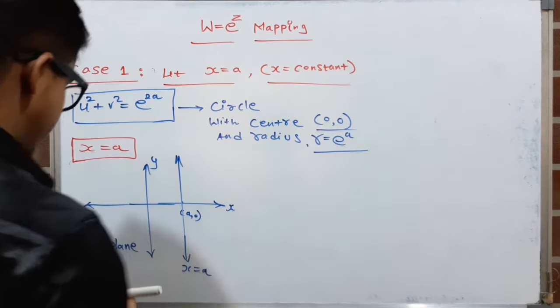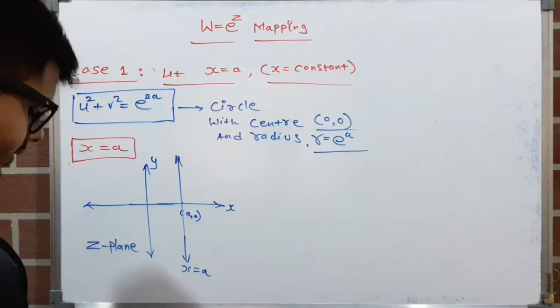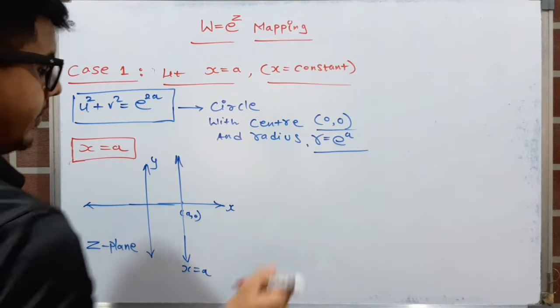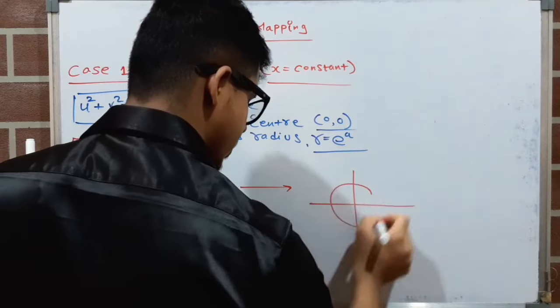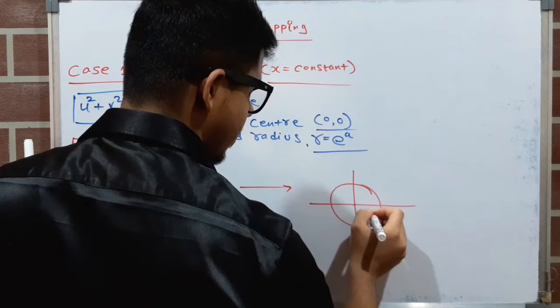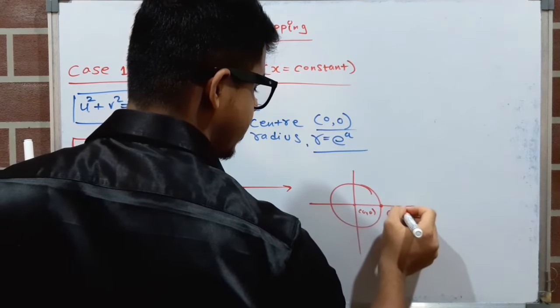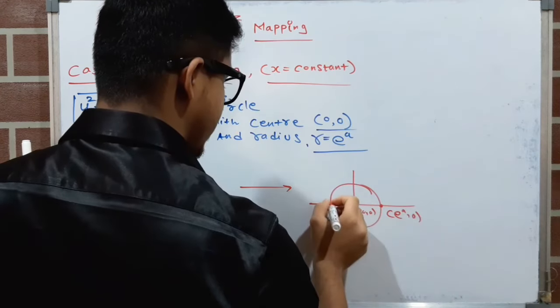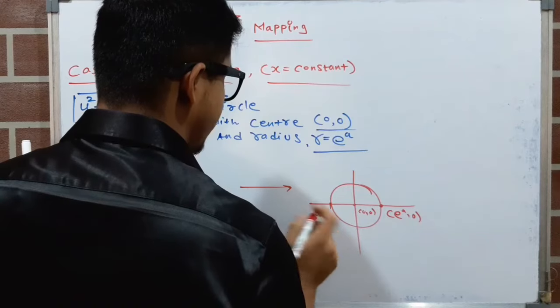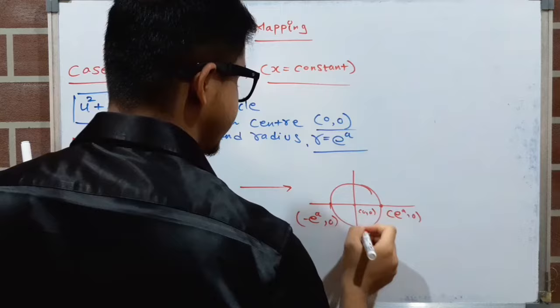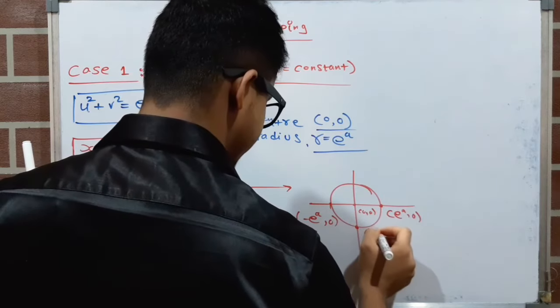So we have transformed this line into a circle. What type of circle? It is the circle with the center (0, 0) and radius e raised to a. Its radius depends on the value of a, for which we discussed the three cases.